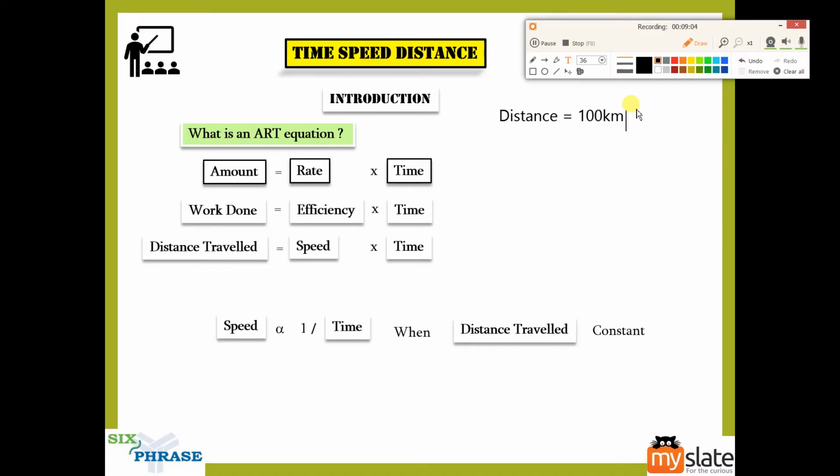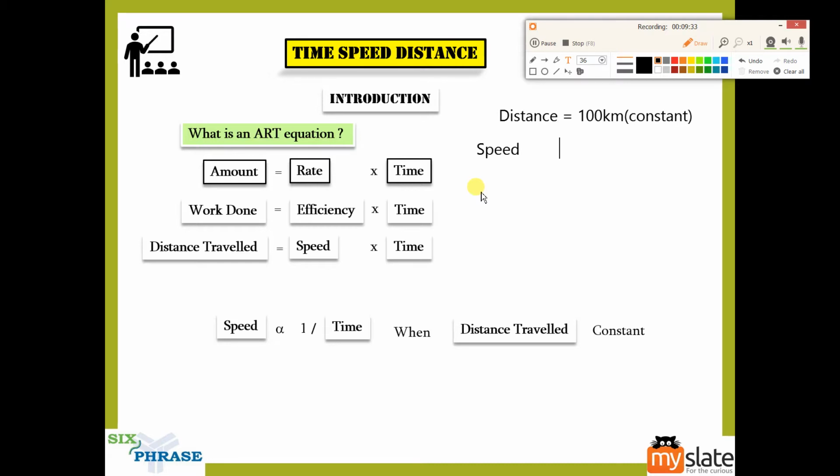So we're going to keep this as constant. Now make sure that you try to vary speed and time and see how it varies. So we'll use the speed here and time here.